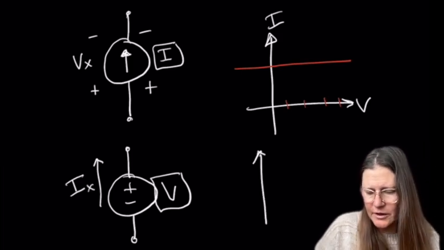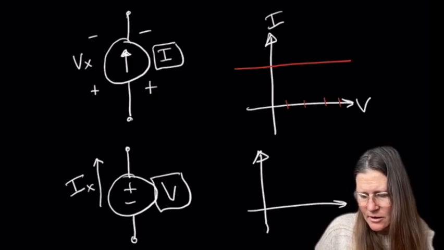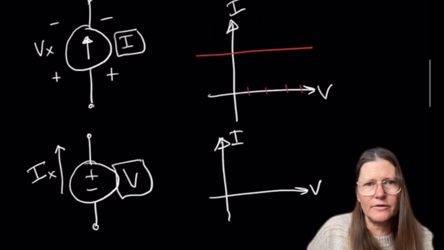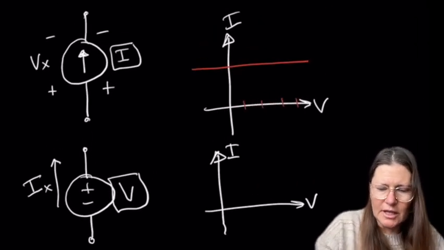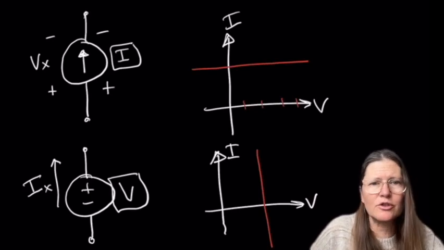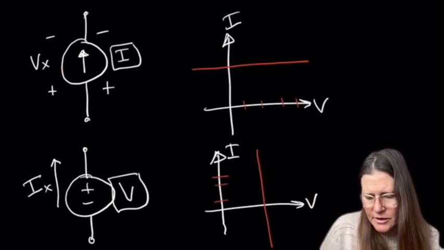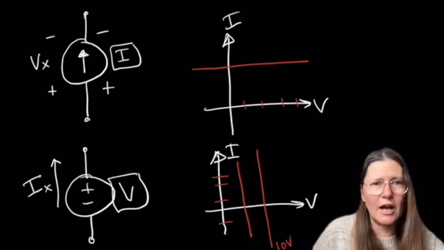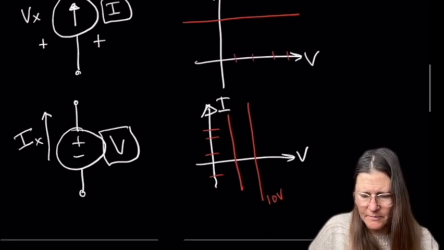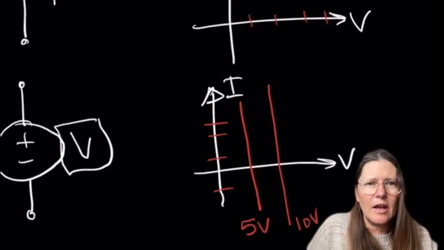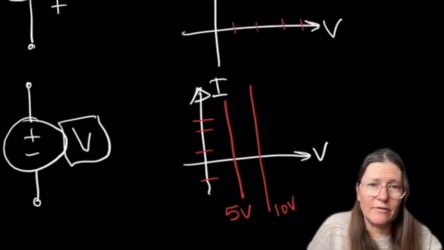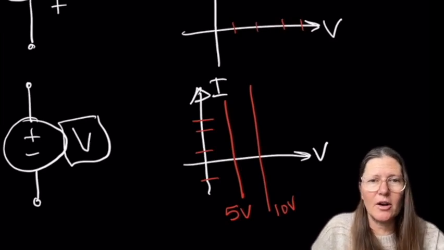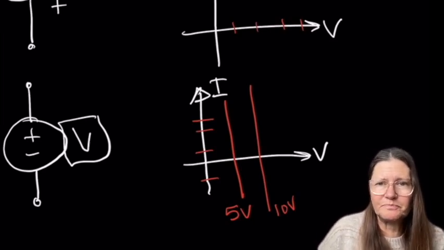If you look at this in contrast, you're going to have still your IV curves, and then you're going to have a fixed voltage and your currents are going to vary. So say this is 10 volts, or you could have a 5-volt battery, and either one of those you're going to have a vertical fixed voltage, and then your currents vary depending on the external sources.